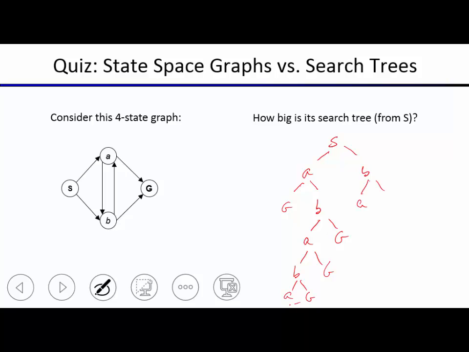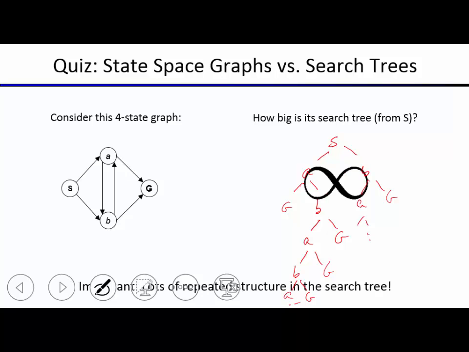You could go to A or G, and so forth. So how many nodes in the search tree? Infinite. So a lot of repeated structure in this search tree where we have this branching on the same state. We'll in the next lecture see how to resolve that kind of problem, but for now let's not worry about it and just know that that's the search tree.